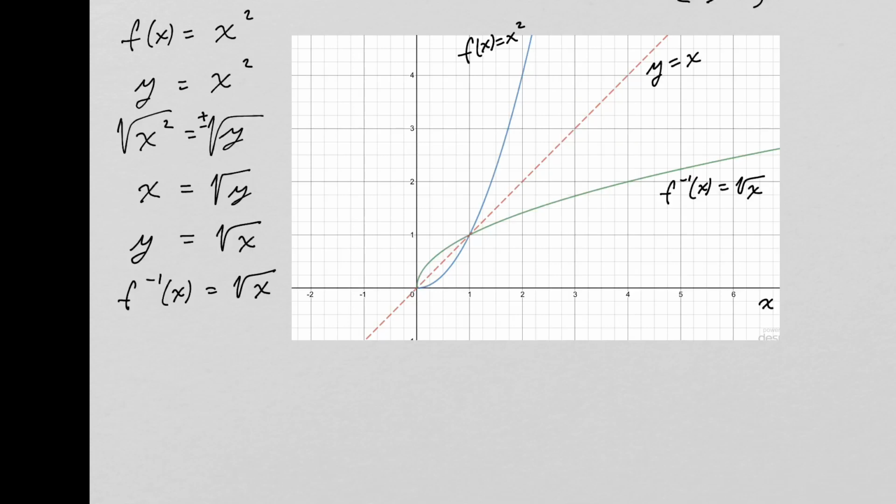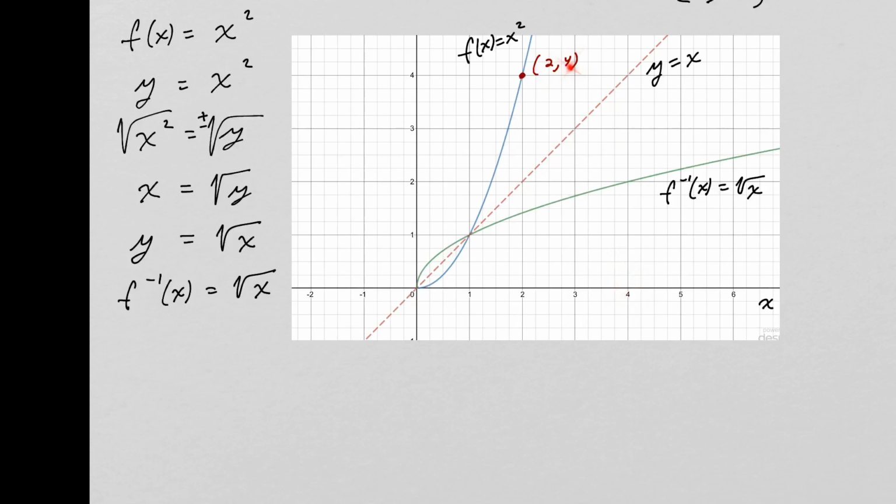Okay, a couple other things that are interesting. Let's just look at a couple of points here. Let's say I look at, for my original function, right, if the input were 2, the output is 4. Okay, so I have this point right here, 2, 4. Now on the inverse function, if my input were 4, the output should be 2, right?